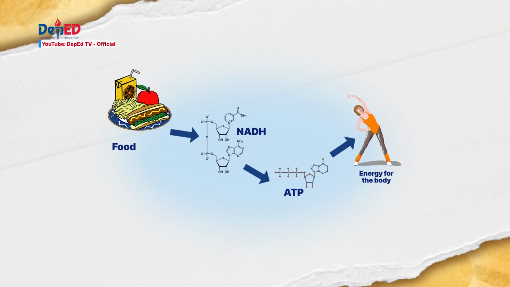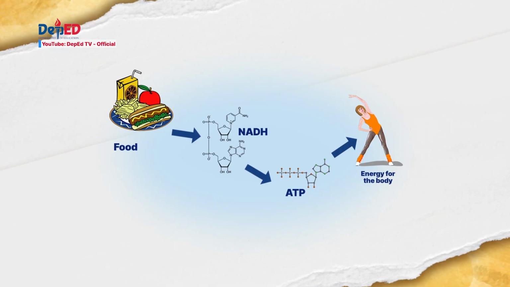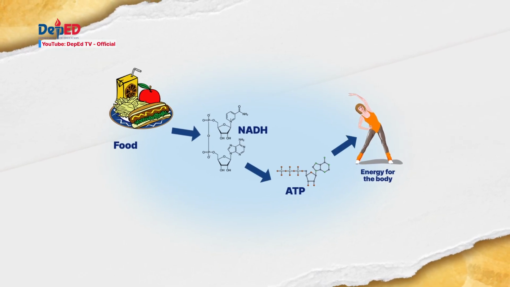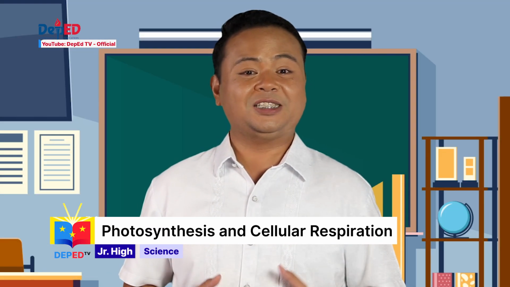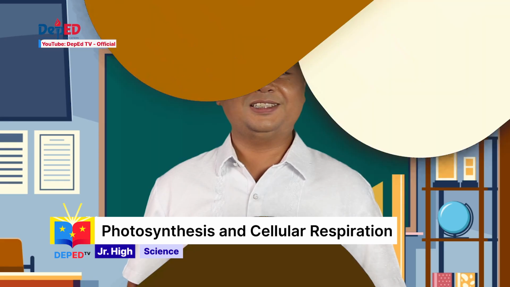The same goes with energy. Before we can use it, it has to be converted into ATP, and that is the only way we can use it as a form of usable energy. It is evident in many life processes such as moving, growing, and creating impulses in the brain, among others.